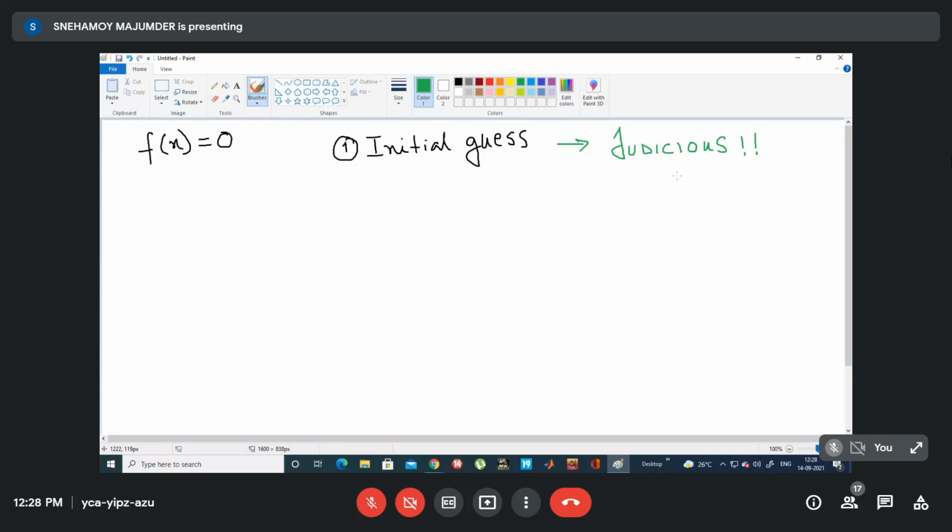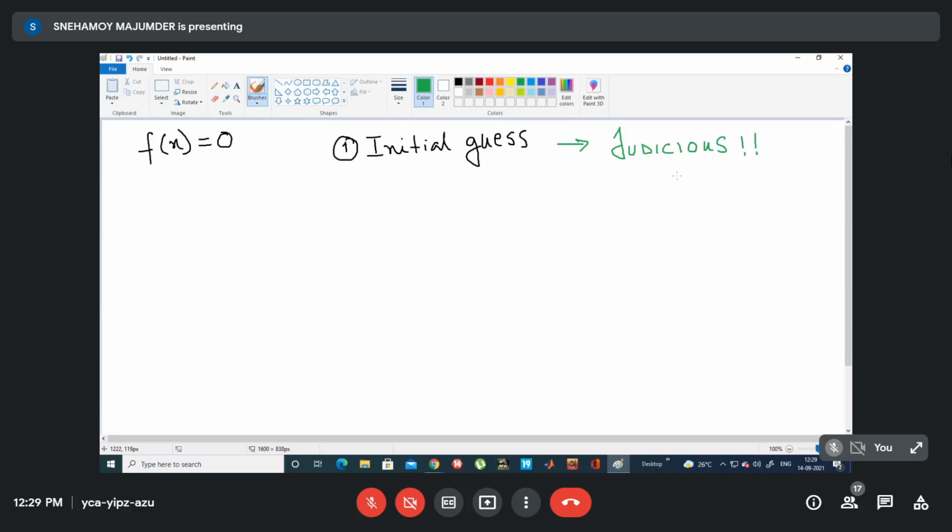You don't know what the solution is. You are going to find the solution. If you know the solution, then only you can make a judicious choice. If you know that the solution will come near one, then only you can take an initial guess like 1.01, 1.2, 1.1, etc.